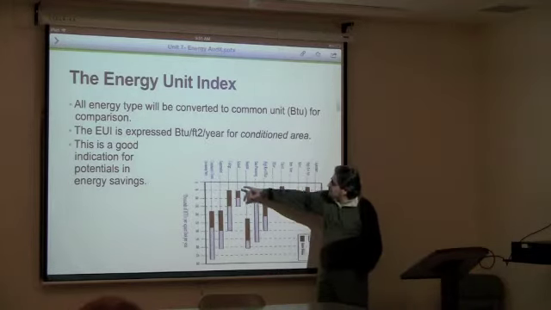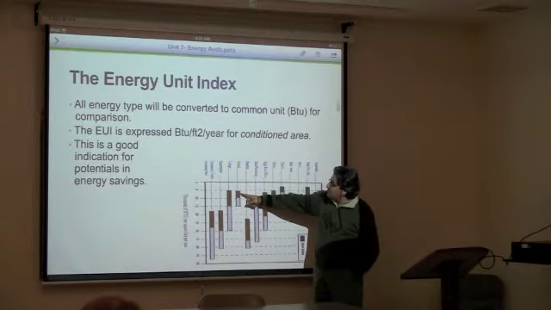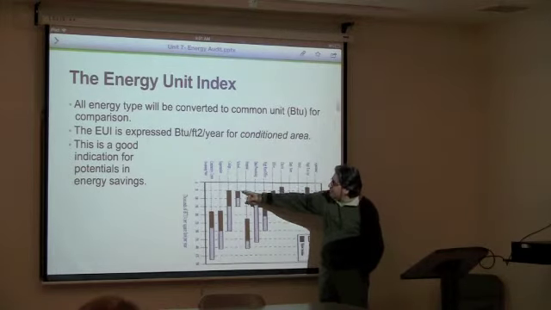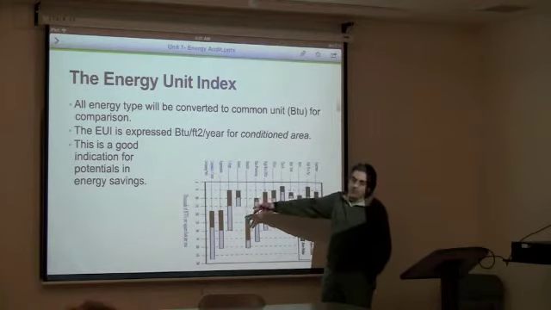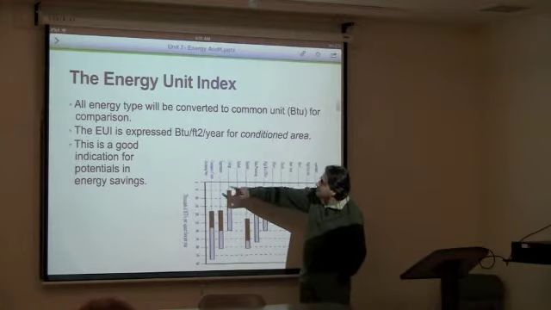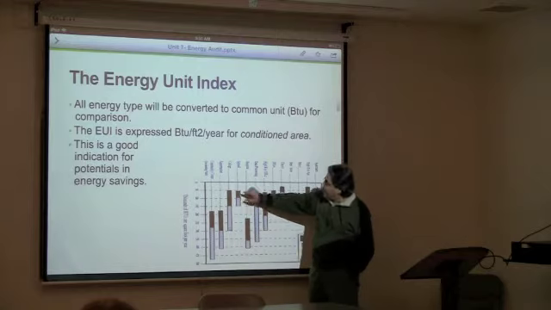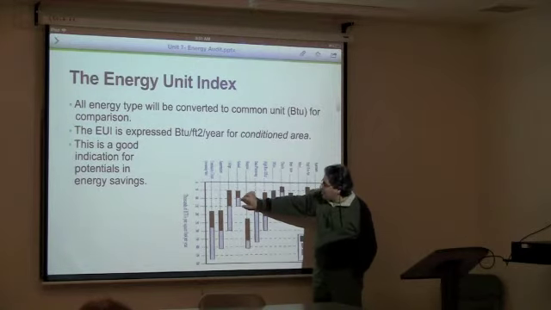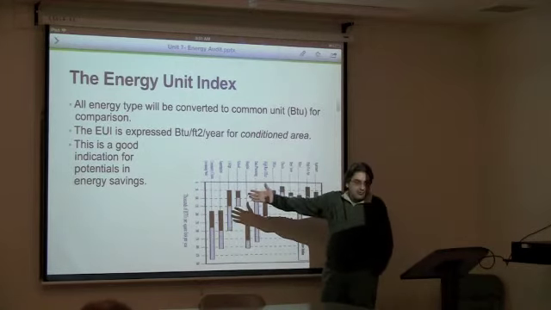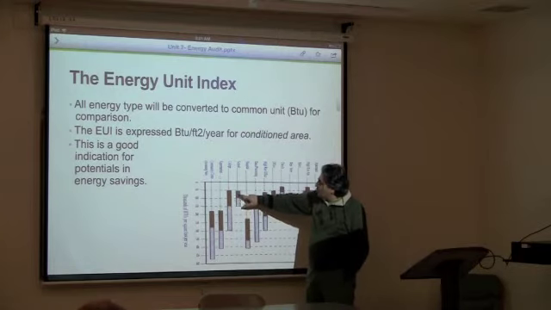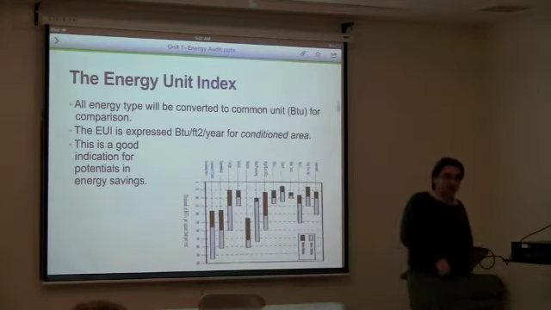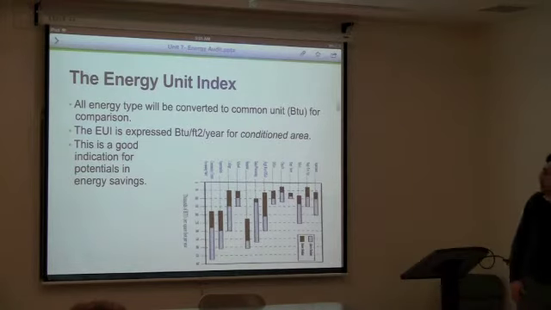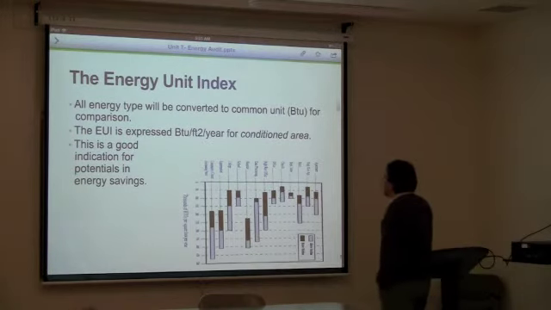For example, here is a school. For a school, there is a range of numbers, collected over the years, basically for EUI. There is a lower range, there is an upper range. You calculate your school that you're auditing, and you will see where you are in that range. If you are in the lower range, you're fine. If you are in the upper range, then you have to continue to try to do some energy saving.